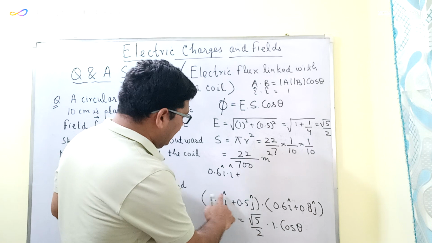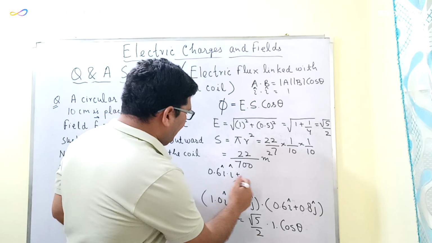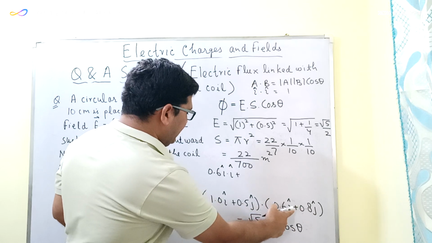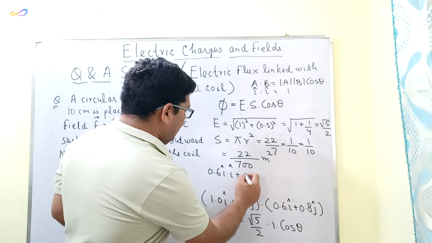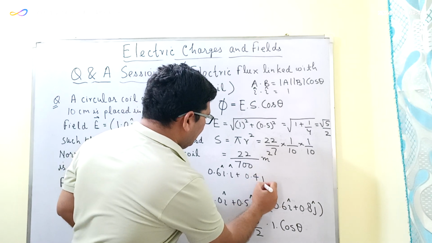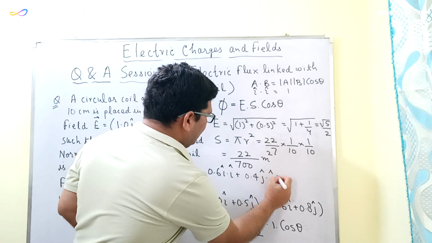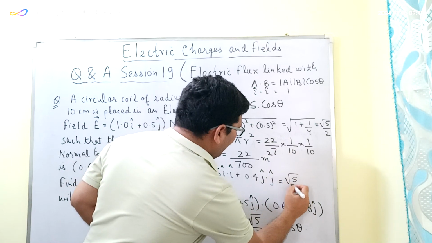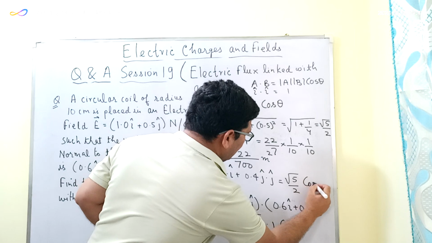So finally what I will be left with is 0.6 i cap dot i cap which is equal to 1, plus 0.5 into 0.8 which is equal to 40 divided by 100, equal to 0.4, j cap dot j cap, and this is equal to root 5 upon 2 cos theta.